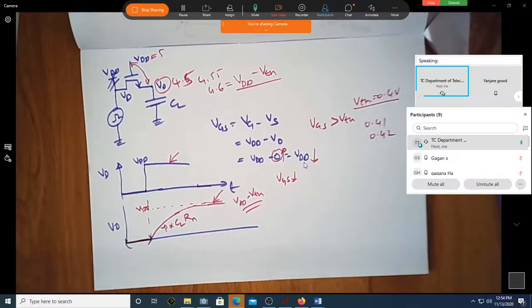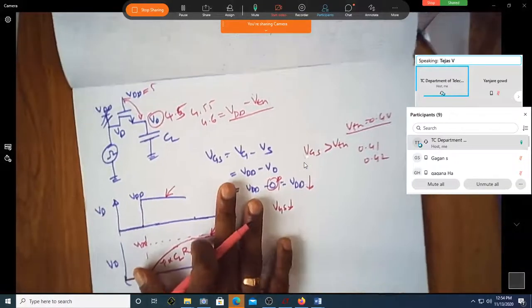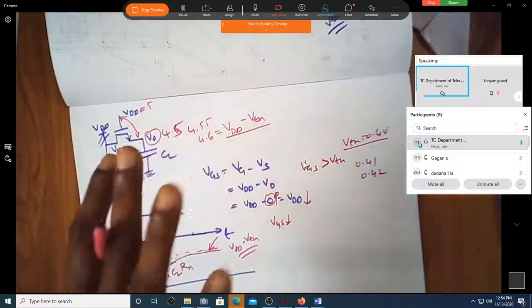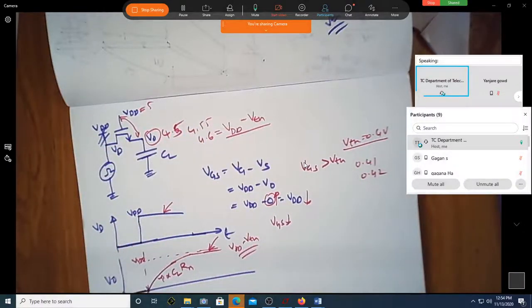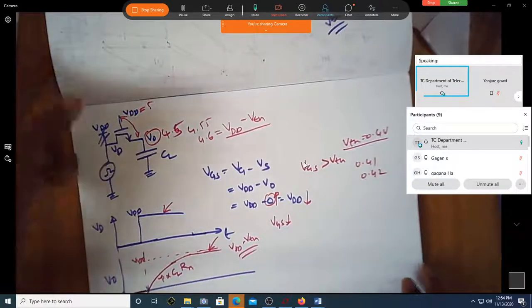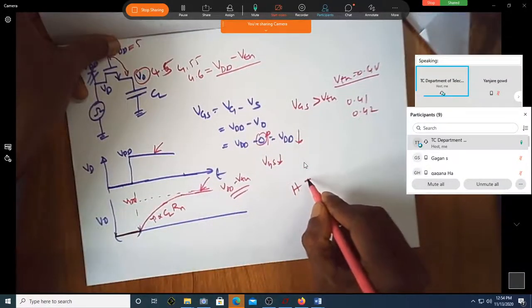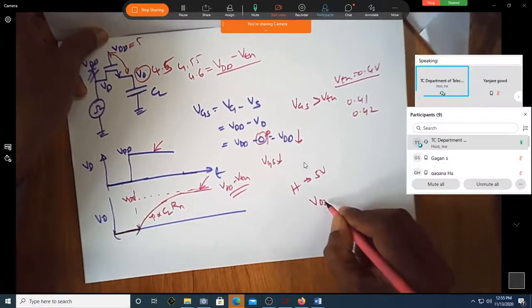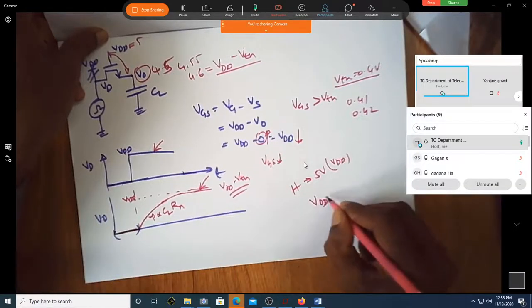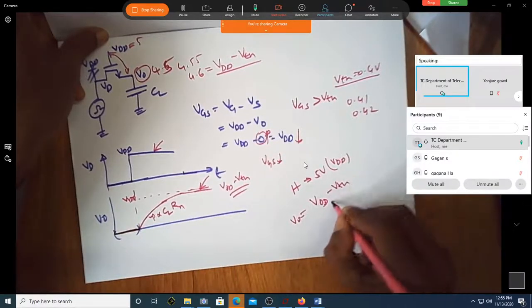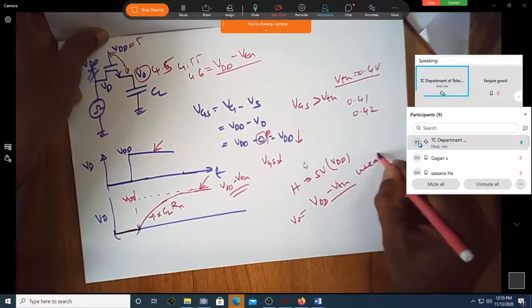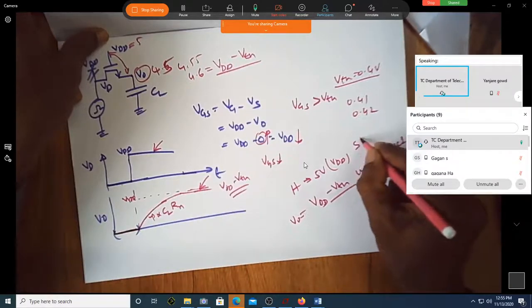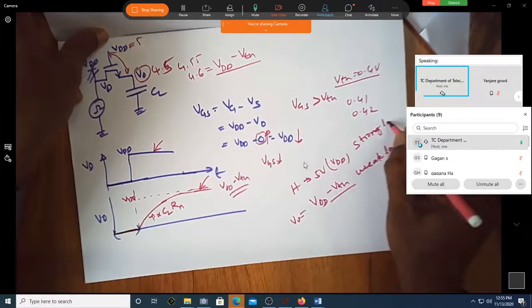So, in this type of transistor configuration, the output voltage for a high logic is always lesser by VTH. You'll never get it as a full logic high. If I say high is equal to 5 volt, if the output is VDD, this is what I call a strong logic 1.